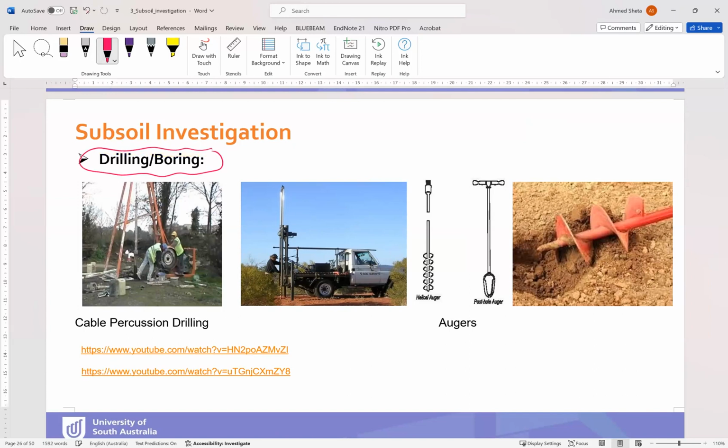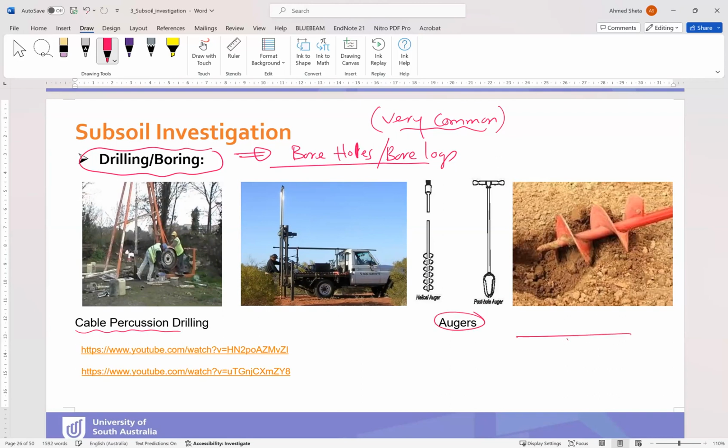We have several methods of drilling or boring, which will give us boreholes or bore plugs. This is a very common method to get the soil layers and soil behavior. So we have cable percussion drilling, and we have some augers to dig in the soil.